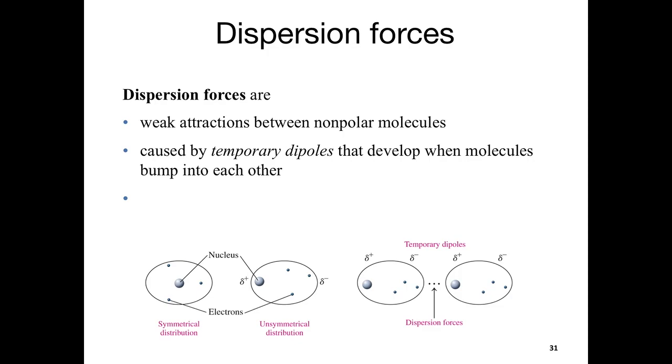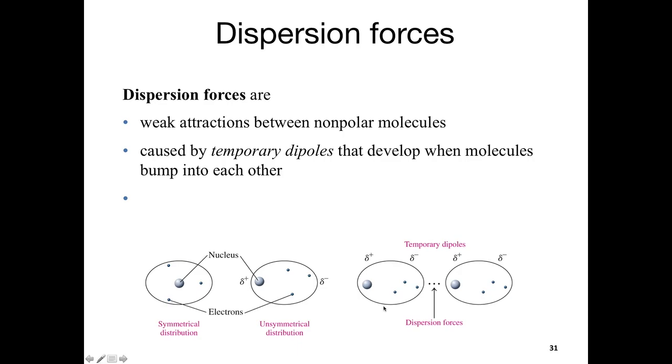And this happens when molecules bump into each other. And imagine when they bump into each other, even though the electrons are distributed evenly throughout the molecule, when they bump into each other, you can imagine the electrons being shifted and somehow being all on one side. And because the electrons are being on one side, it's partially negative, and on the other opposite end, it will be partially positive. So eventually, you essentially have a dipole.